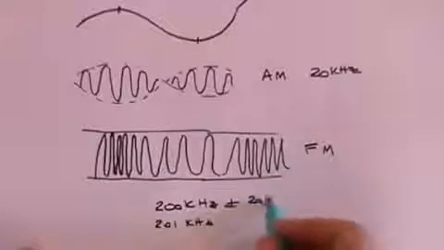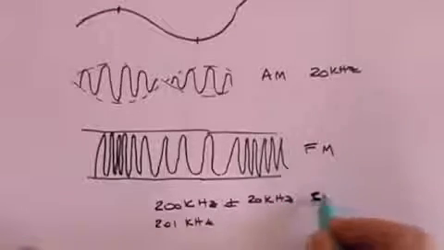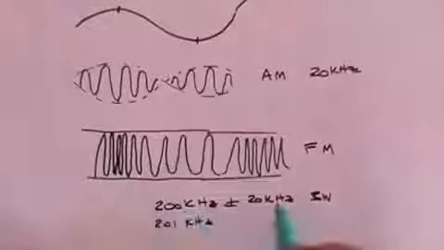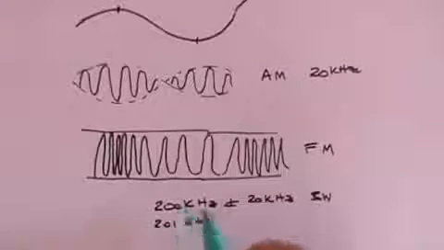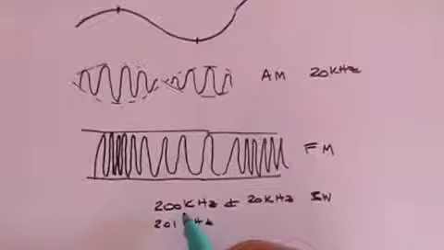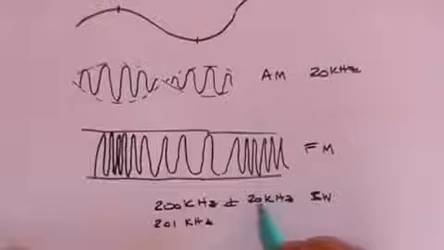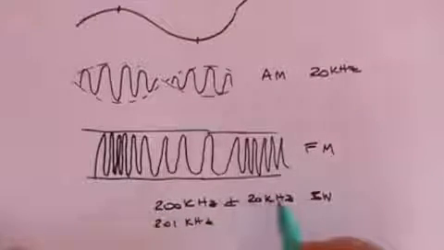So plus or minus 20 kilohertz is the bandwidth for that signal. And consequently, you cannot have another signal within 180 to 220 kilohertz, otherwise it's going to interfere with this signal.